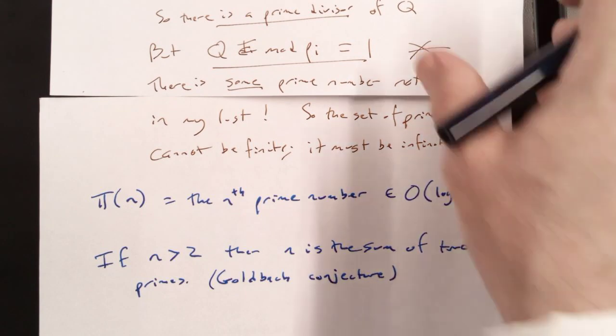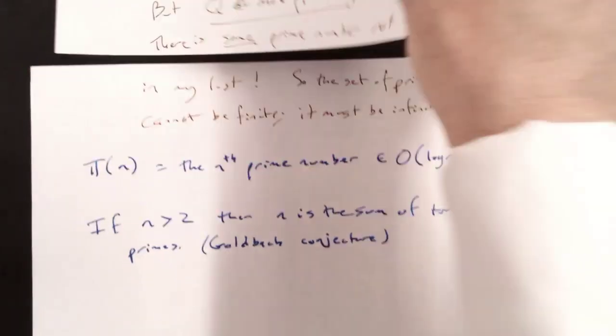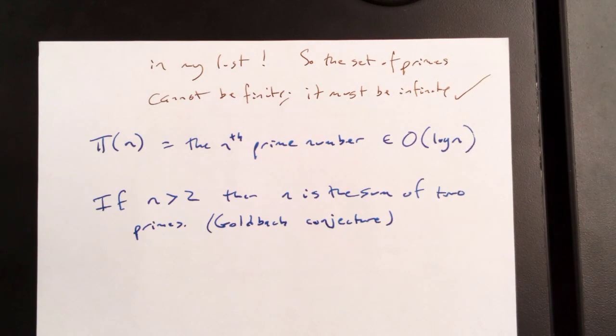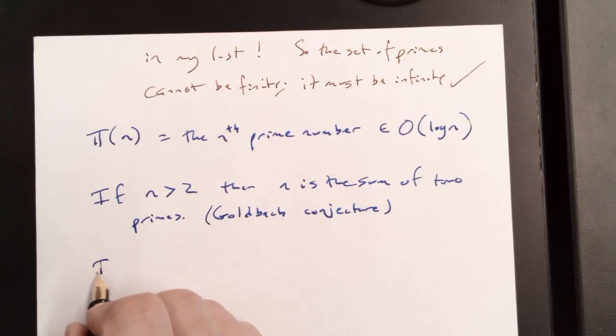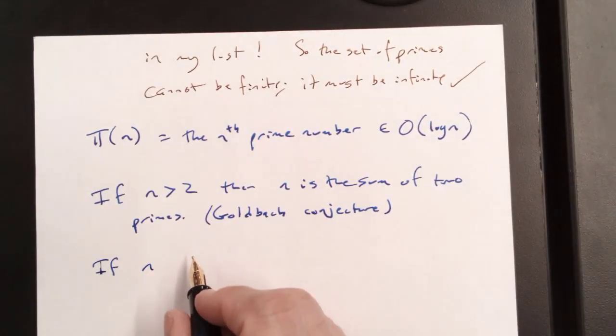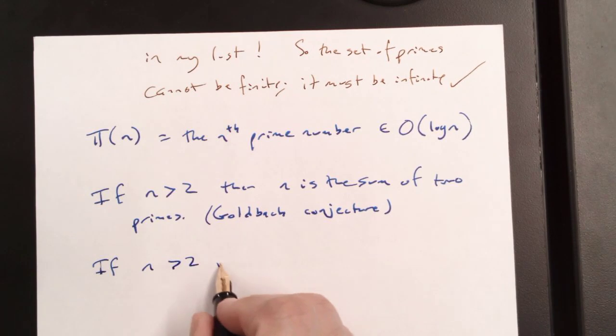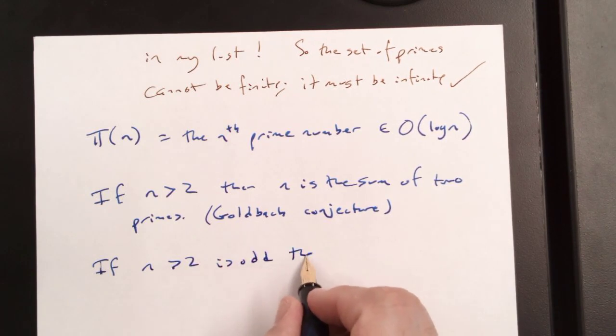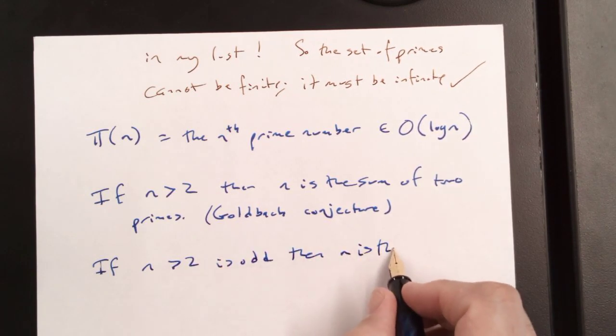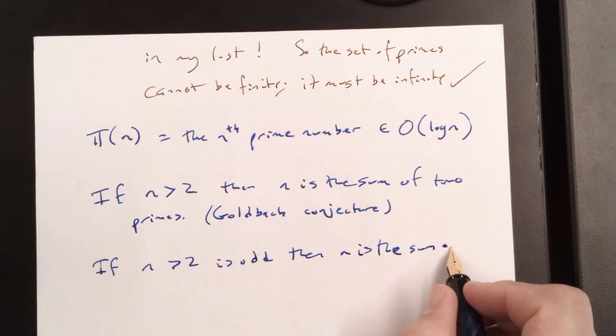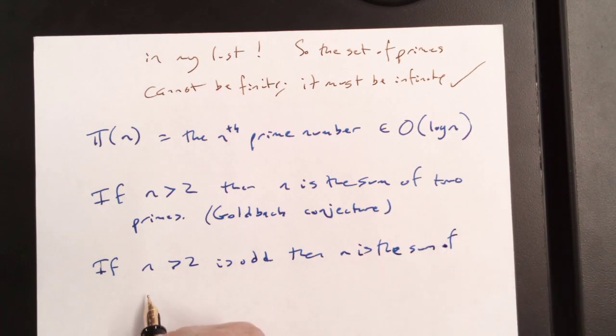Here's another version of the Goldbach conjecture that they did a little more work on. They said, all right, what if we look not just at any number bigger than 2, but only at odd numbers? I may not be able to get all the way down to 2, but I can try looking at 3.